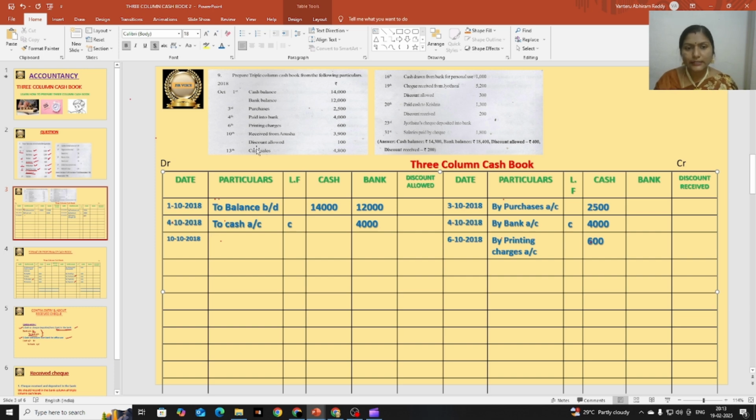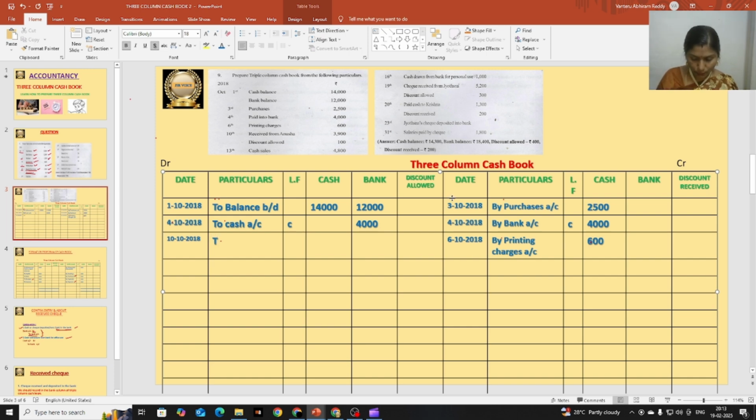What is the item name? Received from Anusha, that is a transaction. So which item we are going to mention, which thing we are going to post on the debit as well as on the credit side, that is very important. So we are not going to write received from. What we are going to write? Name of the person, Anusha. From whom business is receiving? From Anusha. We will record Anusha to Anusha account.